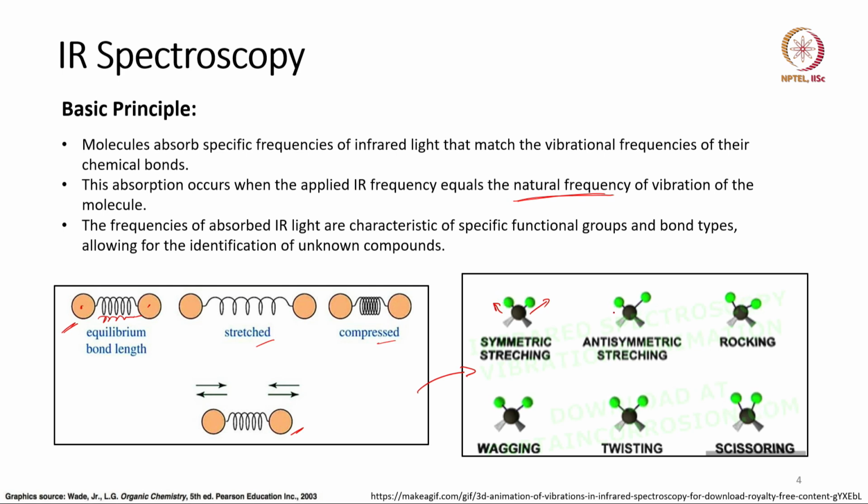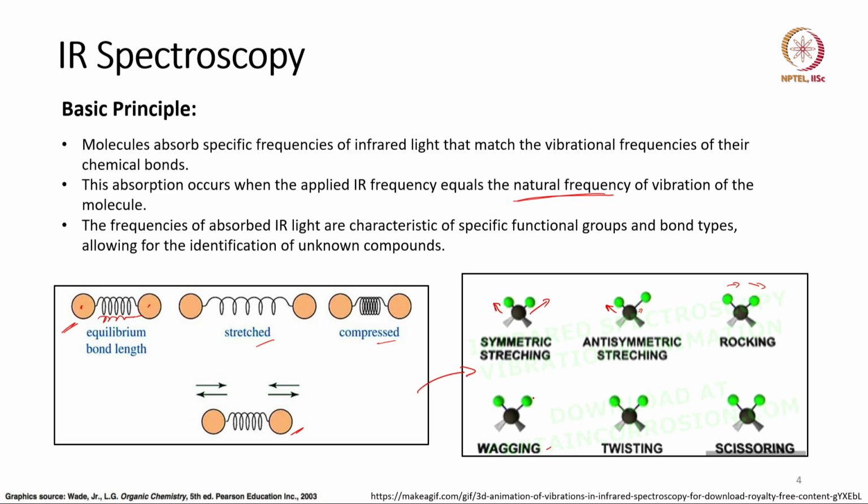We can have anti-symmetric stretching, in which they move anti-parallel to each other, so the motion is not together. Then we can have rocking, in which both bonds move towards the sides. We can have wagging, in which both atoms are moving in front of the screen, if you can see.